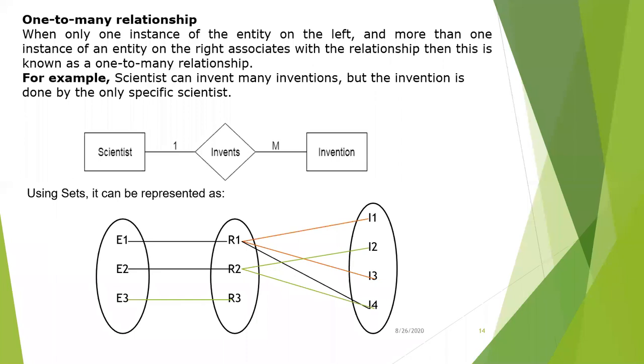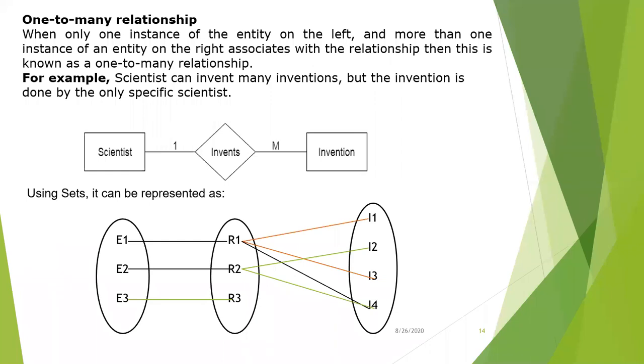When only one instance of the entity on the left and more than one instance of an entity on the right associate with the relationship, this is known as a one-to-many relationship.